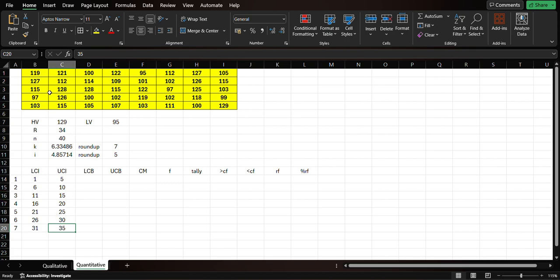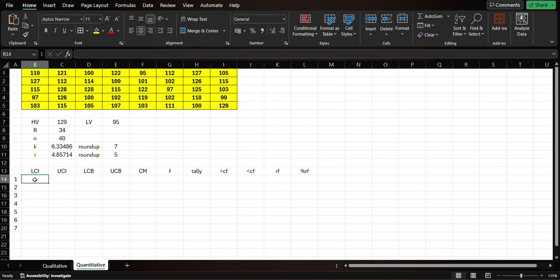But if this would be my LCI, UCI, last UCI, or these would be my groups, this value of our data would not be counted or would not be included in the frequency per group. Why? Because the lowest value of my data is 95, and these numbers are much lower than 95. Therefore, these numbers are not present in our data.